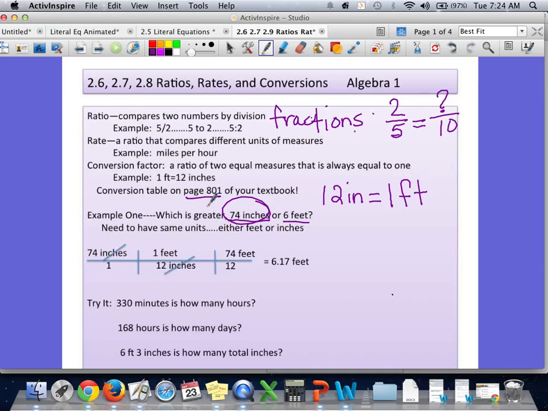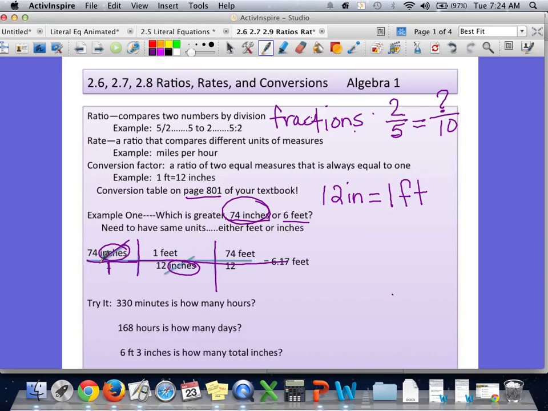I'm going to use 74 inches over top of 1. You can put any number over top of 1. Then you use this little window system. The main thing you have to remember is to have the same units diagonal from each other so that they will cross out. When changing inches to feet, we have 74 inches, and there are 12 inches in 1 foot, so the 12 goes on the bottom.